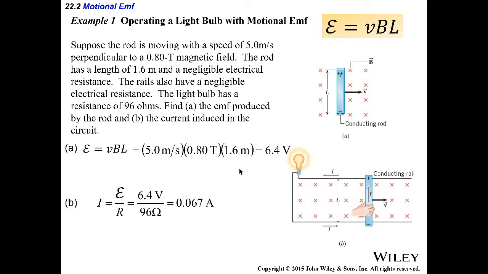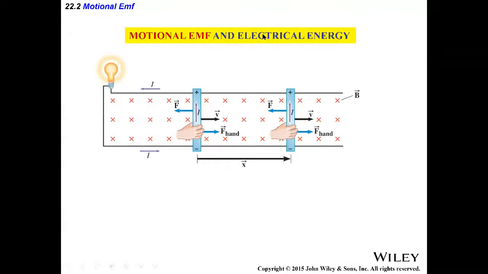So now let us have this picture. Motional EMF, due to the fact that it is moving, and the reason why it is moving is because you have a hand pushing it.